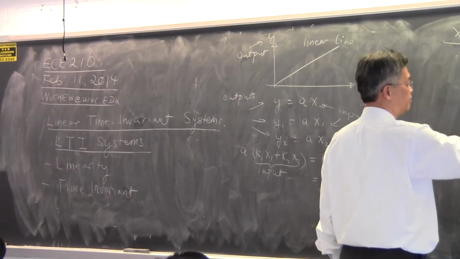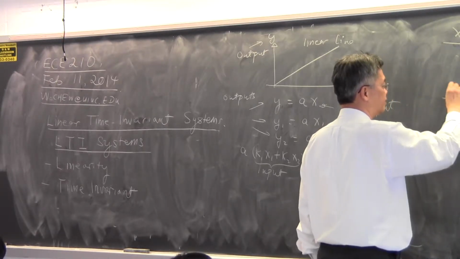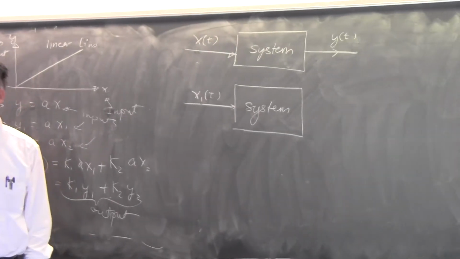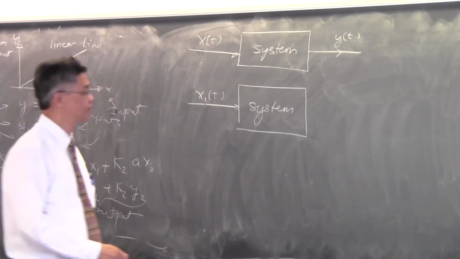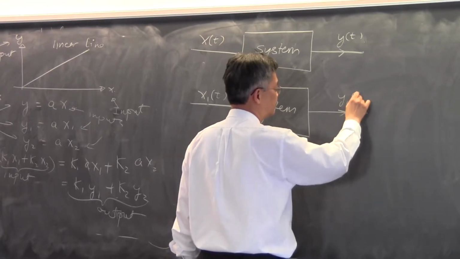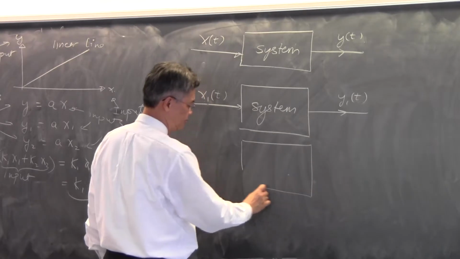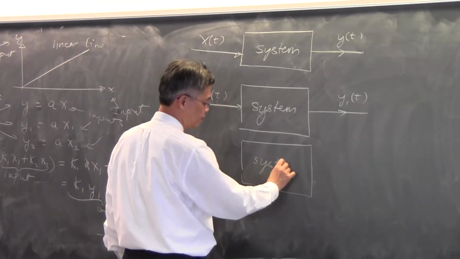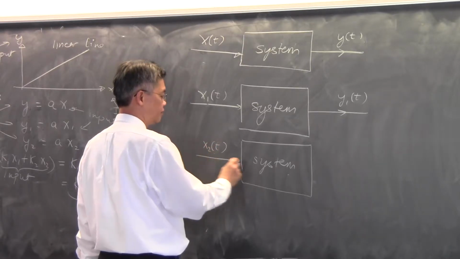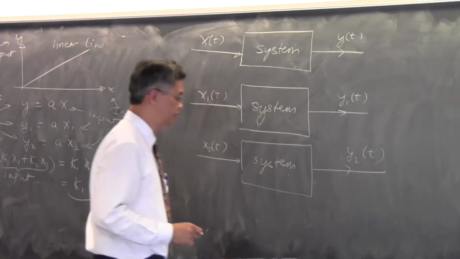In the first, I feed in a signal x1 of t, which could be very different from x of t, and get an output y1 of t. In the second experiment with the same system, I feed in x2 of t and get y2 of t.